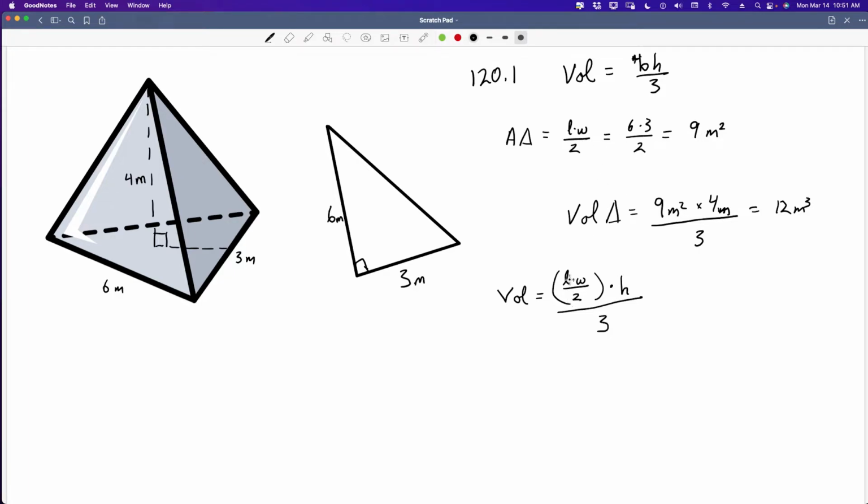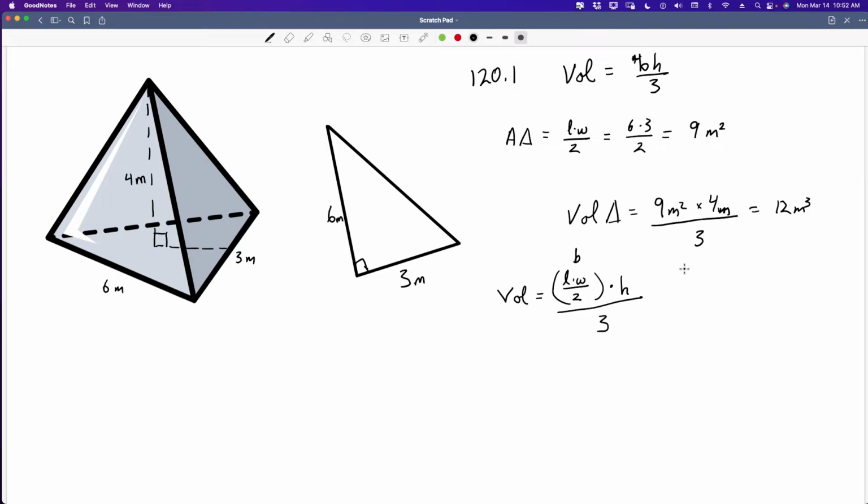But if you were to say 6 times 3 divided by 2 is 18 divided by 2, that's going to be 9 times 4, 36 divided by 3. It's the same answer. It's just a 2-step problem. And this is what you're subbing in for B. Length times width, right here. The base times the height. And then again, base times the height.